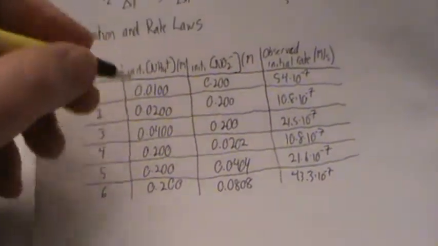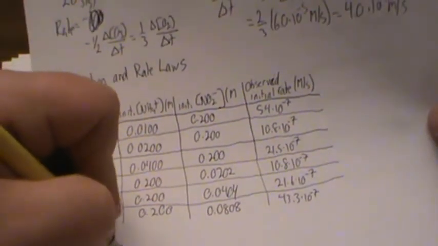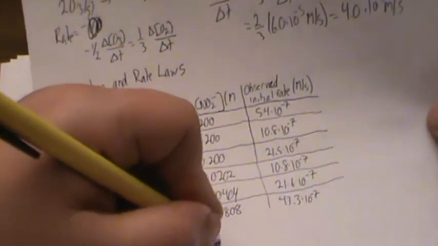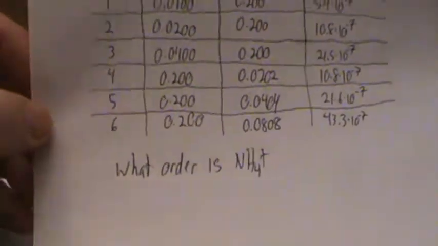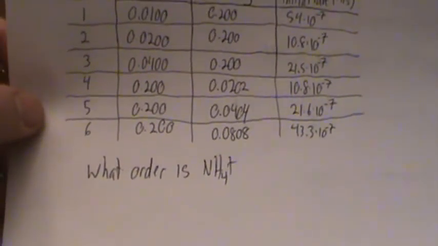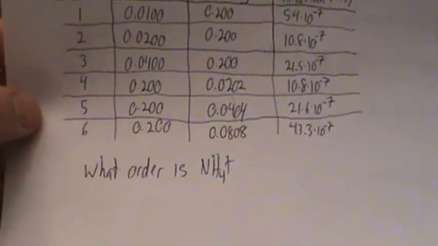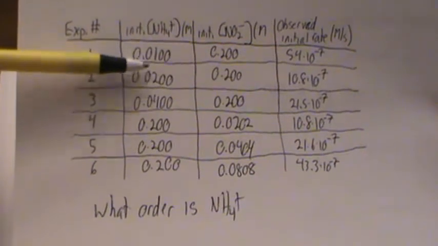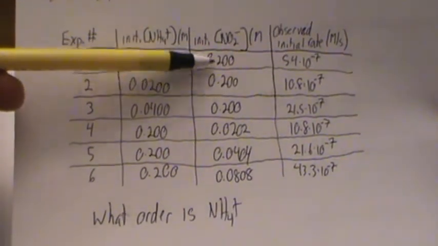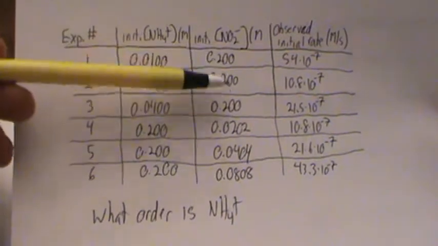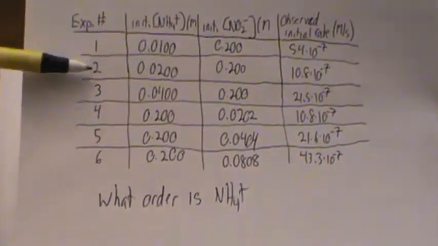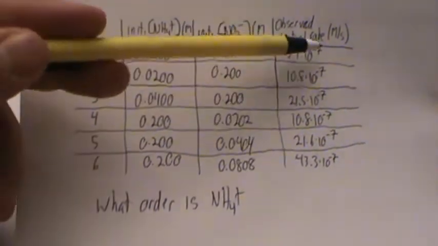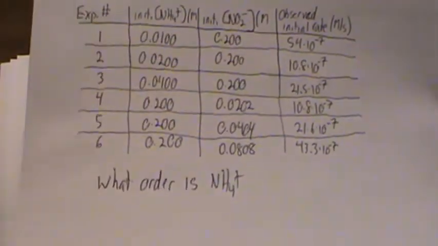So if we want to figure out what order is ammonium, is it first order, is it just raised to the first power, is it raised to the second power, and so on, we're going to use two experiments where the concentration for ammonium changes and the concentration of nitrite does not change. If we look at experiment 1 and 2, ammonium's concentration changes, nitrite's doesn't. We're also going to use the observed initial rate.